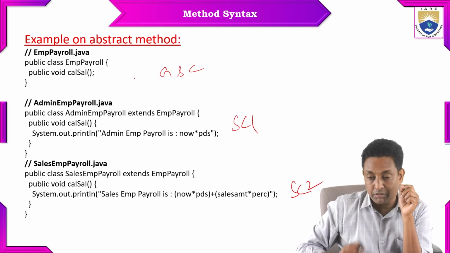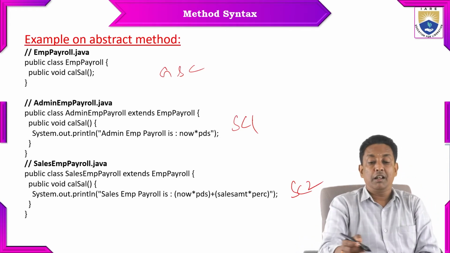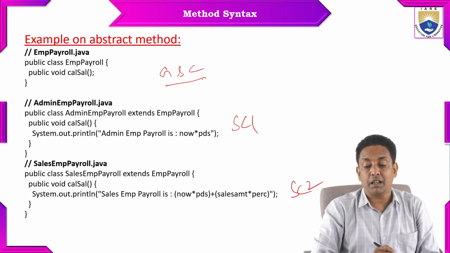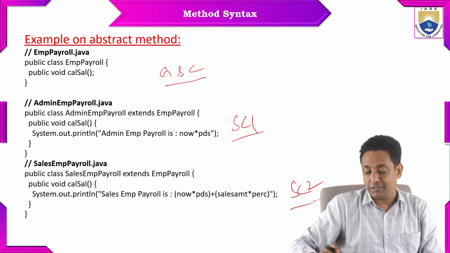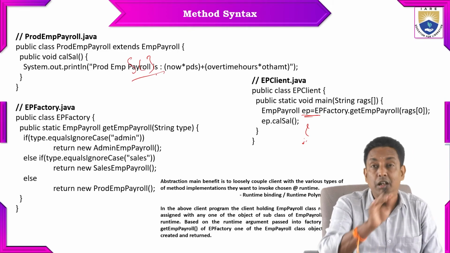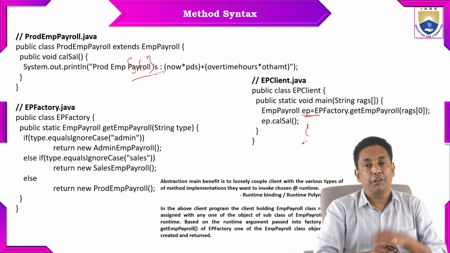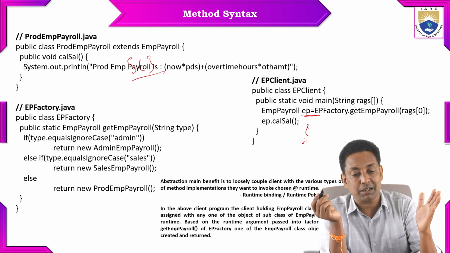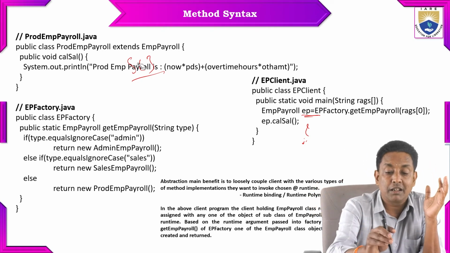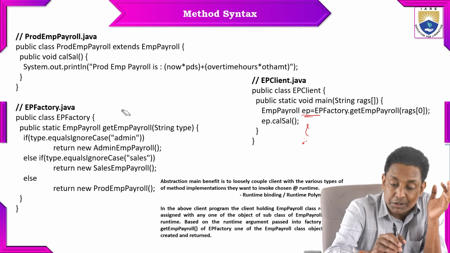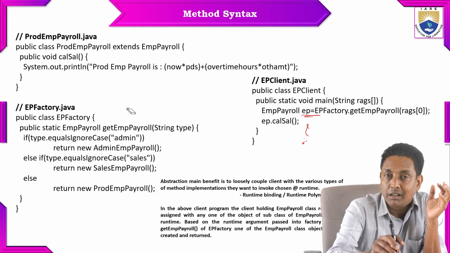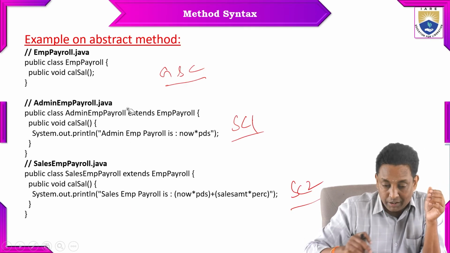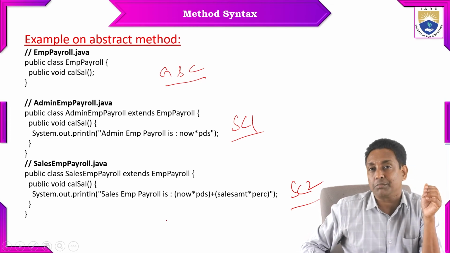To implement abstraction, at least one abstract superclass with more than one subclass is needed. If only one subclass exists, there is no need for abstraction. As well as more than one subclass, one factory method must also be provided to create objects for any of these employee payroll class objects.